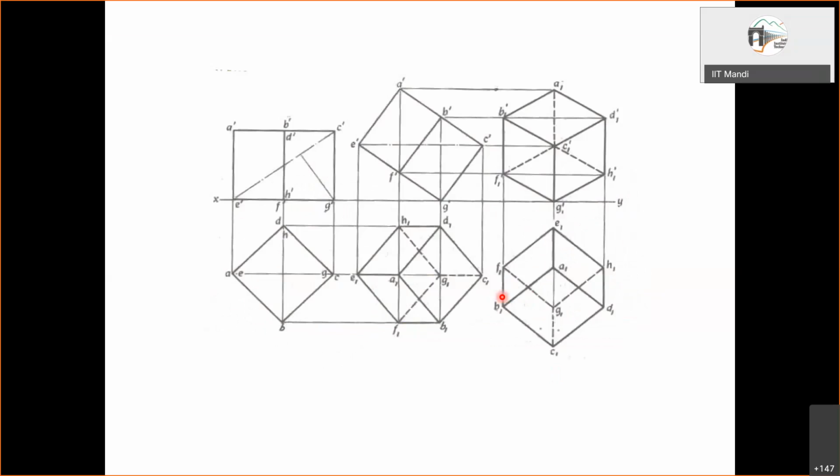If I consider this edge, this gives the true length. But in this diagram, this C dash G dash has reduced length, from here up to here. So all the edges have reduced length, but they are all equal. That is what we observe.